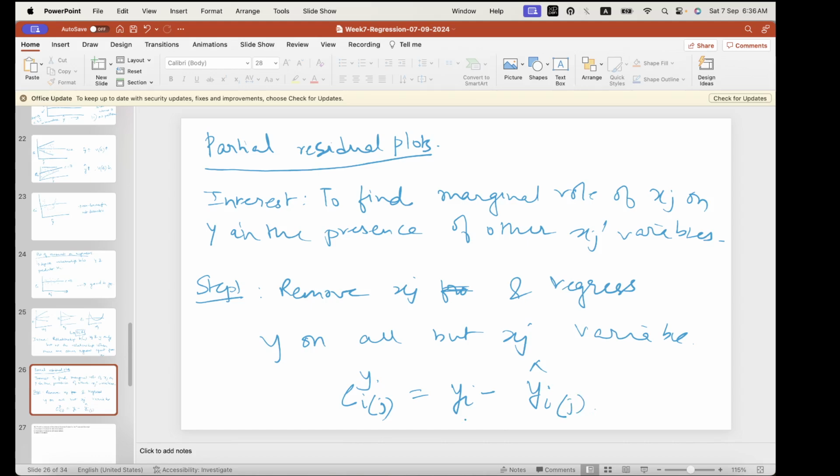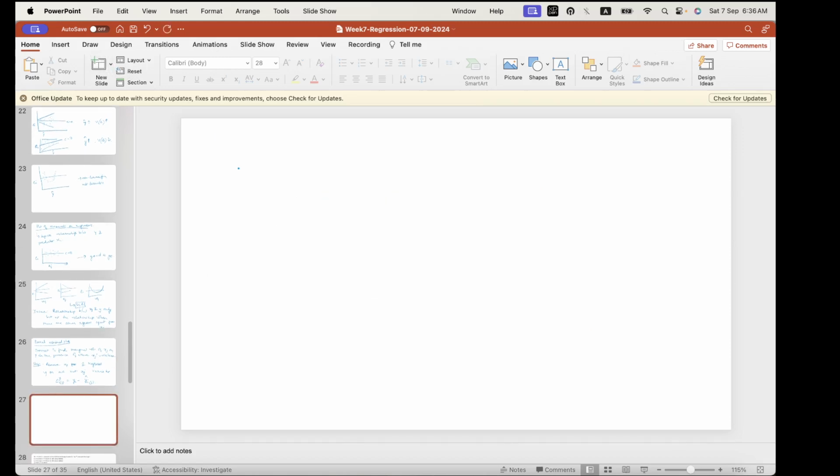This is step 1. Step 2 will be what? Step 2 will be we regress xj on xj prime.